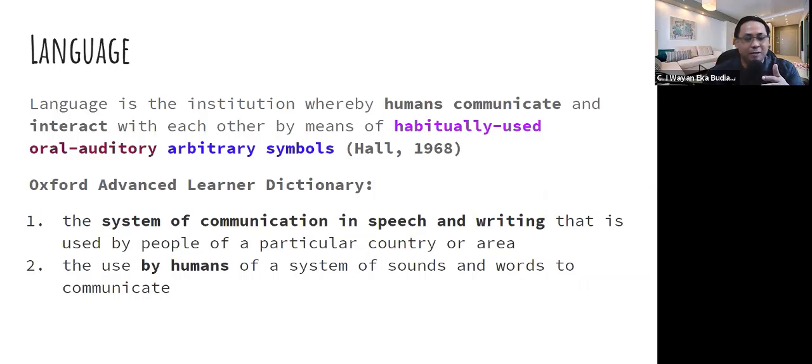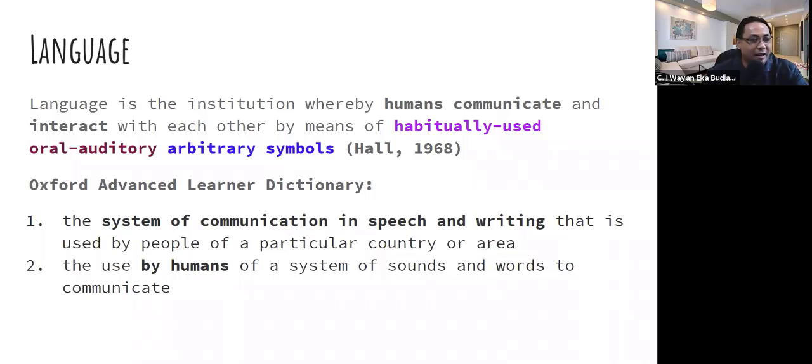So there's a system in speech and also in writing. It's not only a group of words. You cannot say something if you just mention words; it should be in a good order. So language has a system and is used by humans.